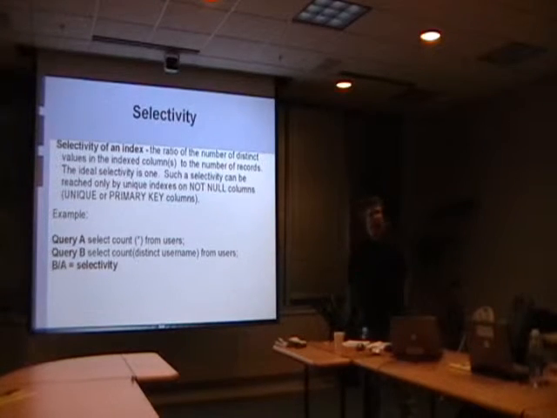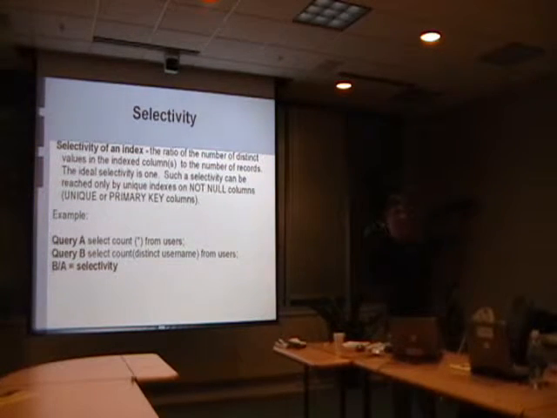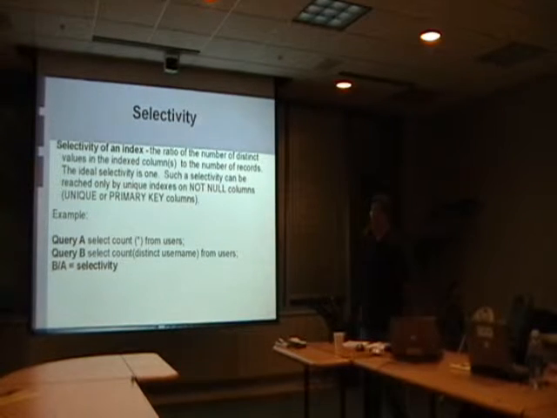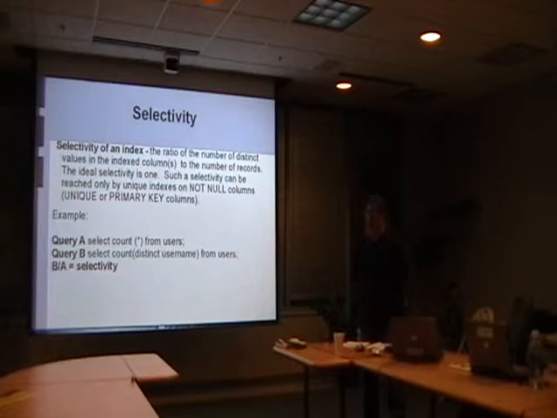So, mention again, higher selectivity is better. Okay? If all your index rows were the same, if everybody's username was Fred, there would be no point in having that index there, right? I want to mention this.